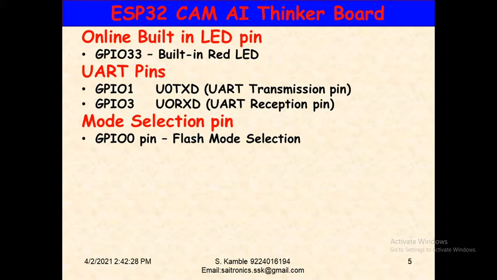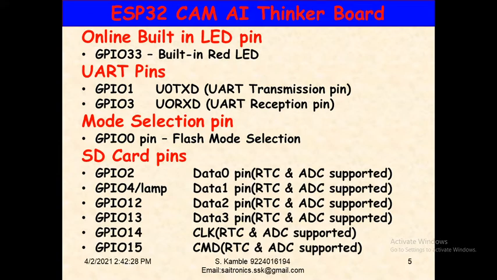If this pin is 0 volt, then your ESP32 cam goes into programming mode. So you can do the programming only when GPIO 0 is ground. The next, these are SD card pins, and GPIO 04, the lamp is connected to GPIO 04, whereas the onboard LED is connected to GPIO 33.